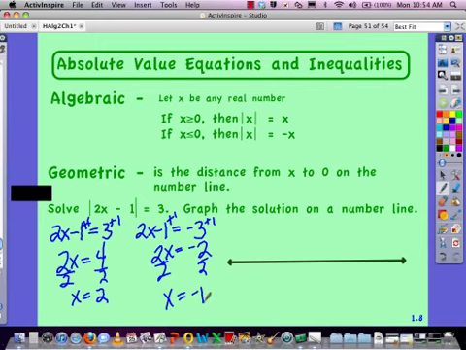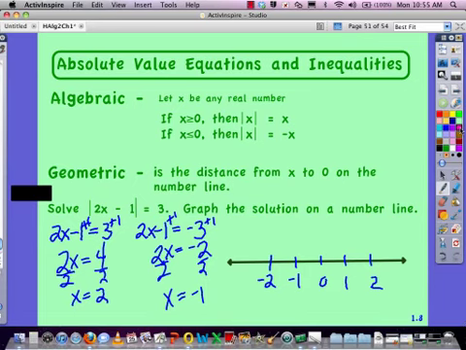In order to show that on the graph, because they are equalities, we would just need to graph those points. So I'm going to graph -2, -1, 0, 1, and 2, equally spaced so we don't have any gaps in our graph.